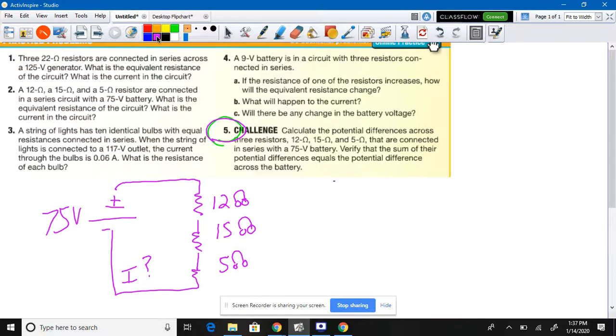Okay, here's how you do it. Ohm's law again. The total amount of volts is equal to the current, which always stays the same, times the R total. What is the total amount of volts? 75. Now, what's the total amount of R's?